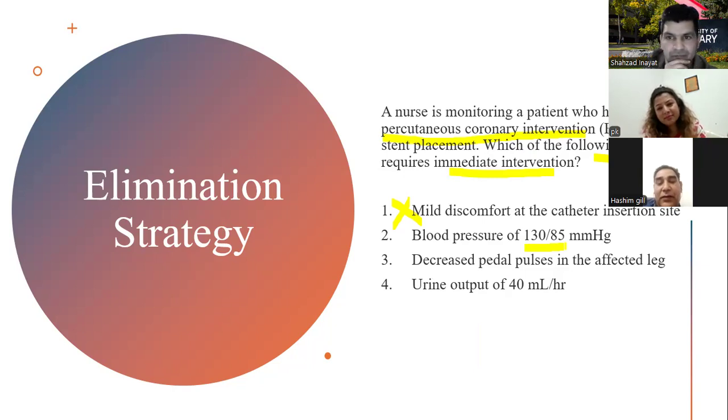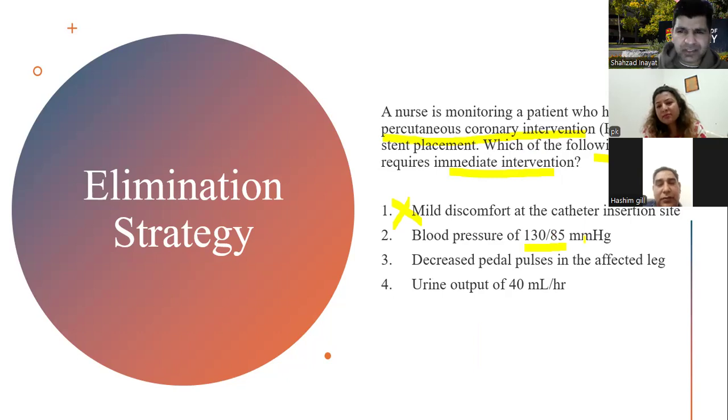How do you think this is serious? Why do we need to give the patient priority to this one? Sir, the patient has had a PCI, so BP monitoring is very important, and this is a little raised from normal, that's why. Okay, but do you think this requires, here is the keyword, Hashim, in the question: which of the following findings requires immediate intervention?